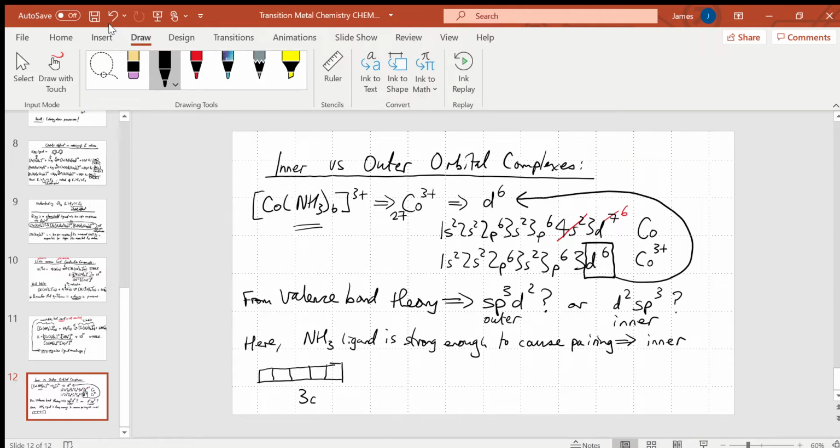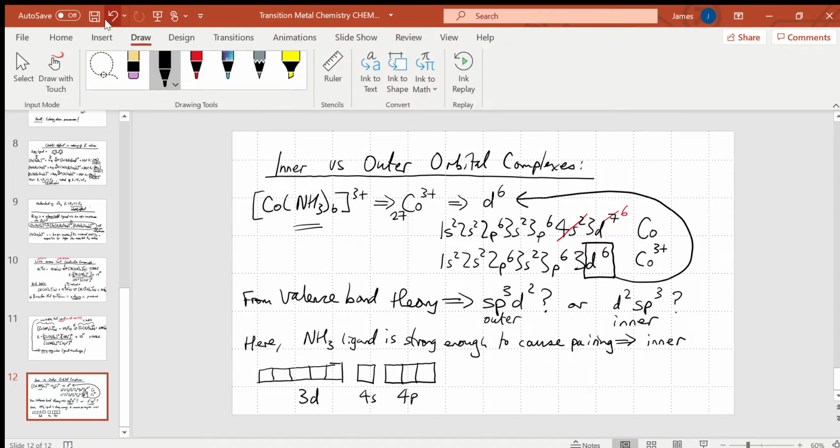So we have the 3d orbital here. We have 4s, 4p. Okay, so the 3d is where we finish here, but then we have the 4s initially with no electrons in and the 4p with no electrons in.